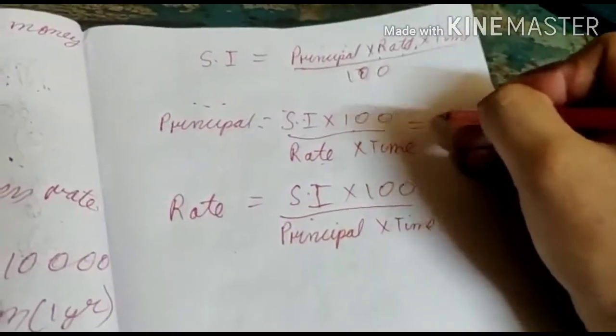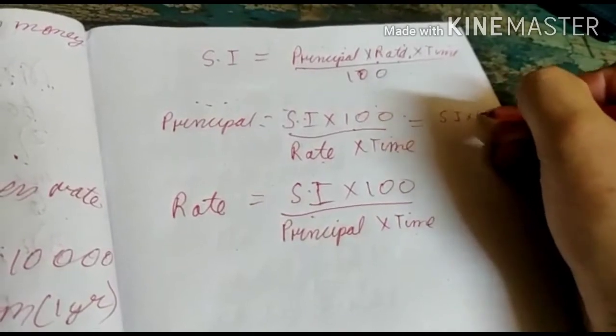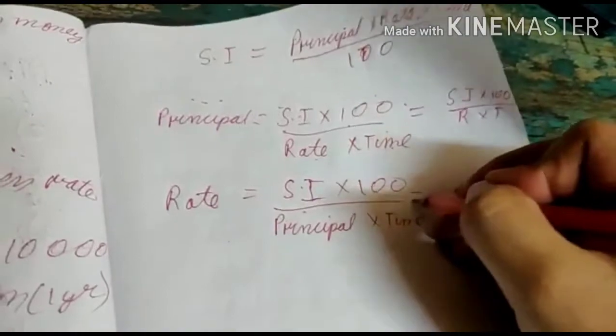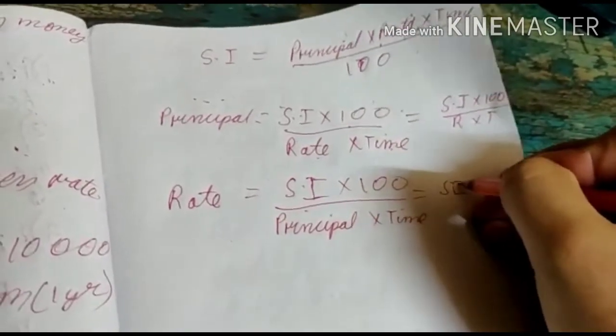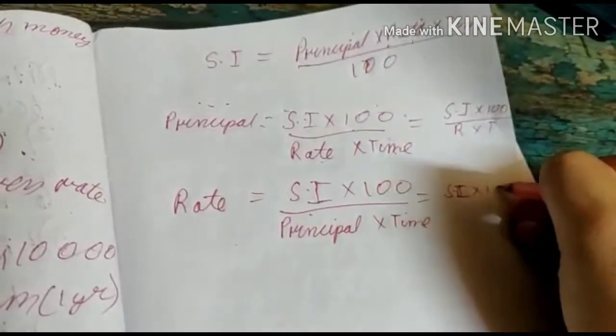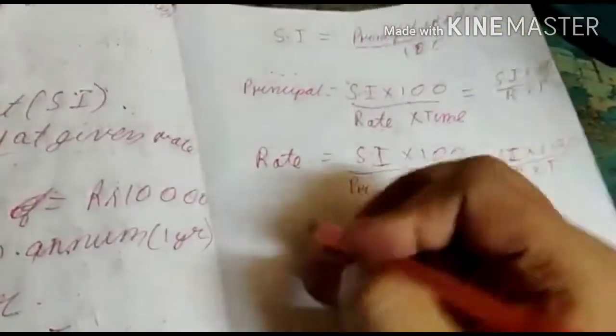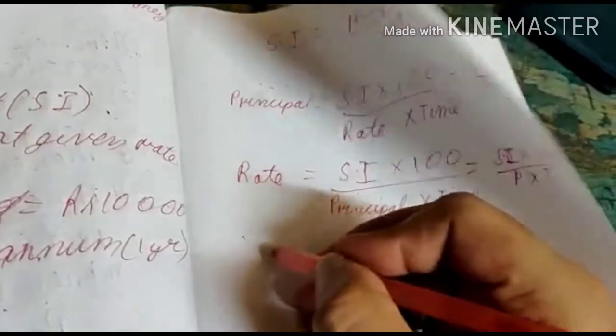You can write this as SI into 100 upon R into T. This is SI into 100 upon P into T. Next is time.